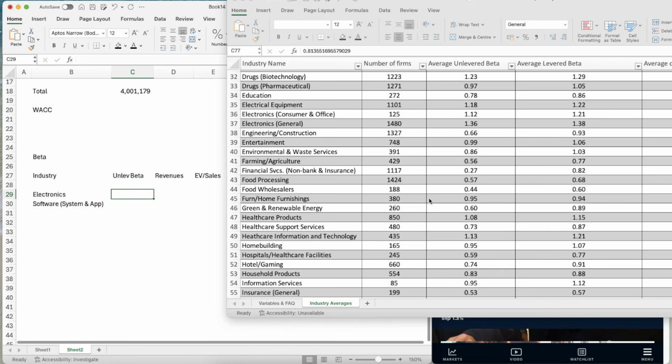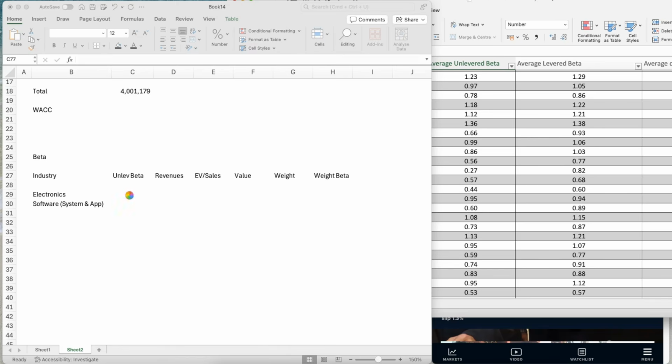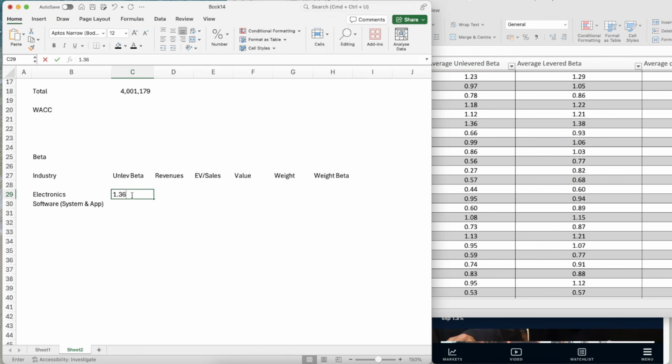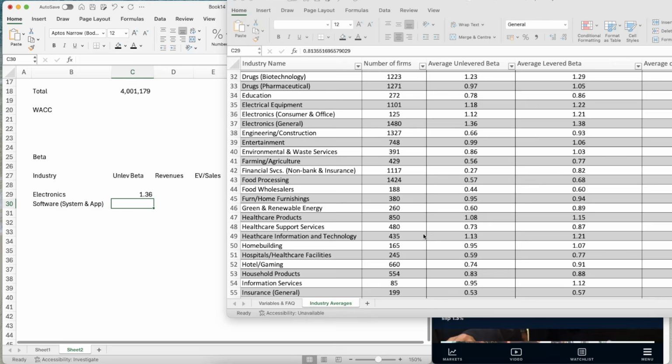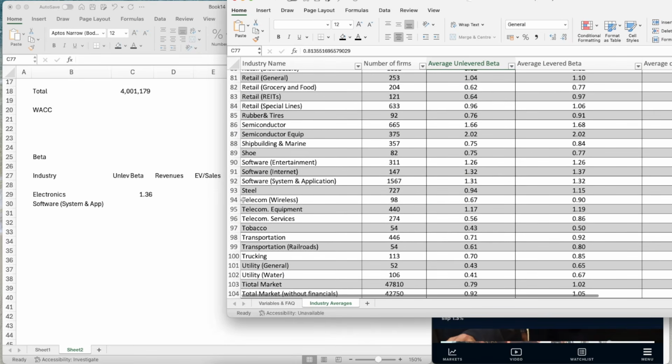So for those two, electronics is 1.36. Software, 1.31.